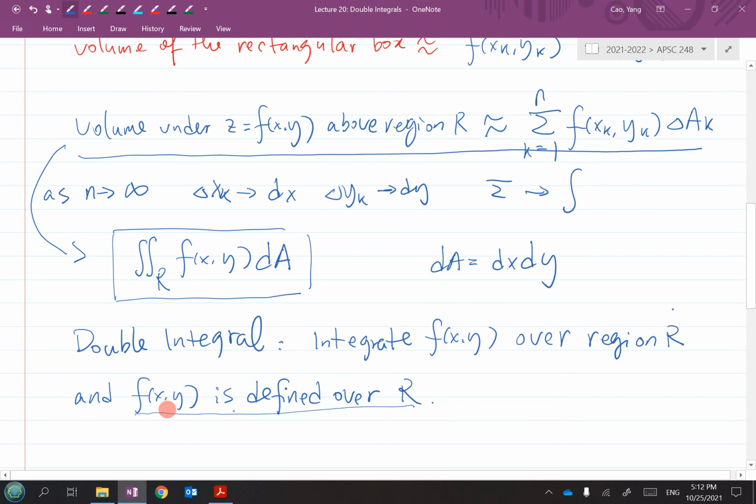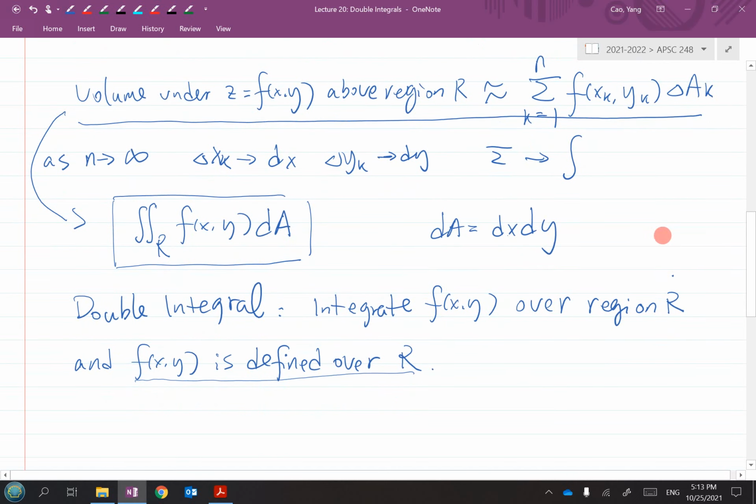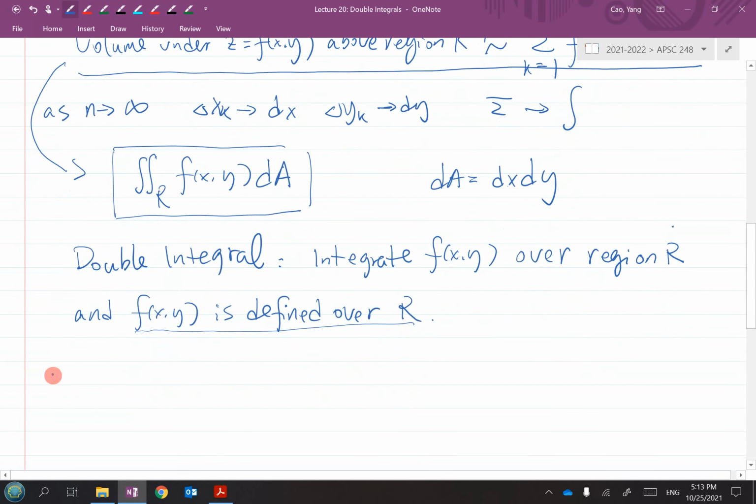That's basically what it means for the function to be defined over the region R. Sometimes the function is not defined, and then you cannot integrate this function over the region R. So we're going to assume that this function is defined over the region R. So the question here is how to properly compute this double integral.